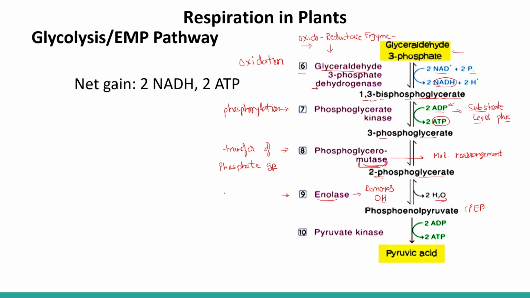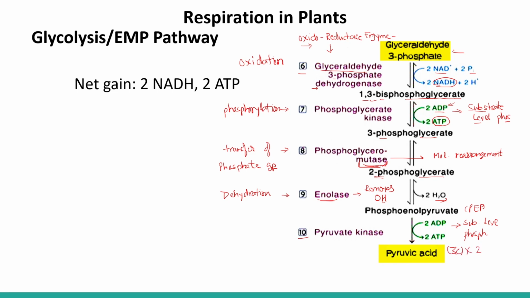This step is known as the dehydration step. And finally, substrate level phosphorylation takes place again. In this 10th step, phosphorylation leads to the formation of the 3-carbon compound pyruvic acid.